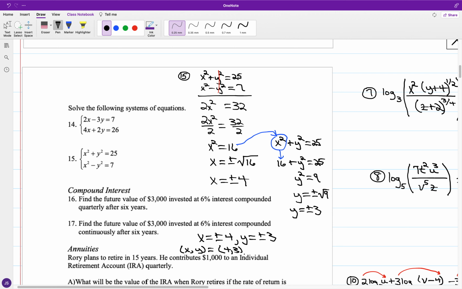So you can see we have 4, 3; negative 4, 3; also 4, negative 3; and also where both x and y are negative at minus 4 and minus 3 respectively.